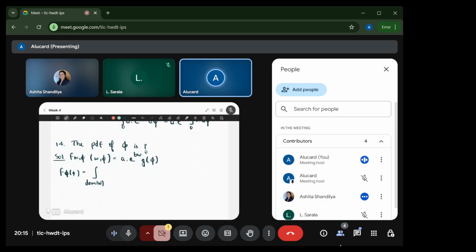So here in this integral, I'll just write domain of W. If I write it down, you'll know the answer. Then you integrate.